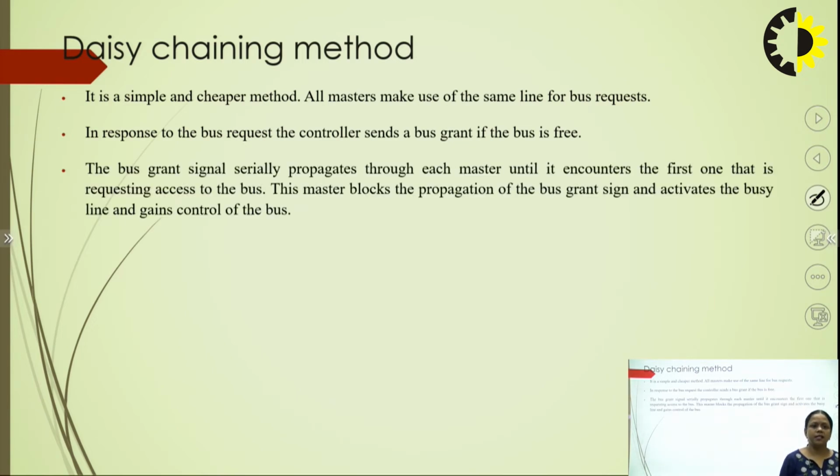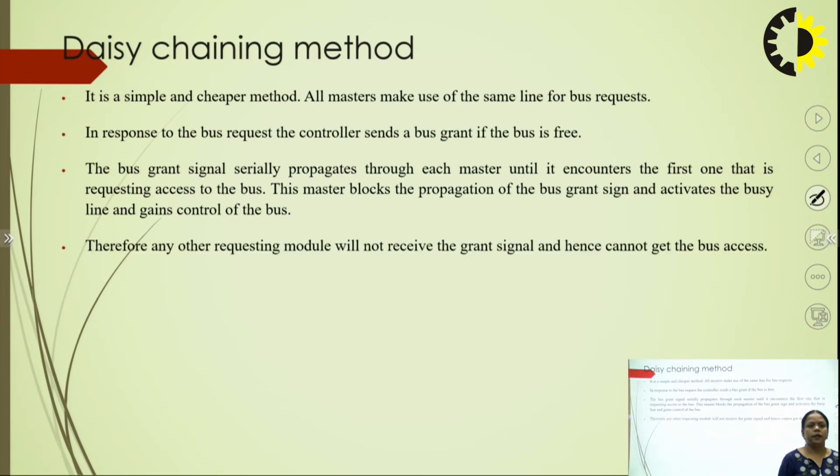The bus grant signal serially propagates. In this case, we say the grant signal is propagated serially. Therefore, any other requesting module will not receive the grant signal and hence cannot get the bus. If the bus busy signal is active, then no other device can send the data on the buses at that time.